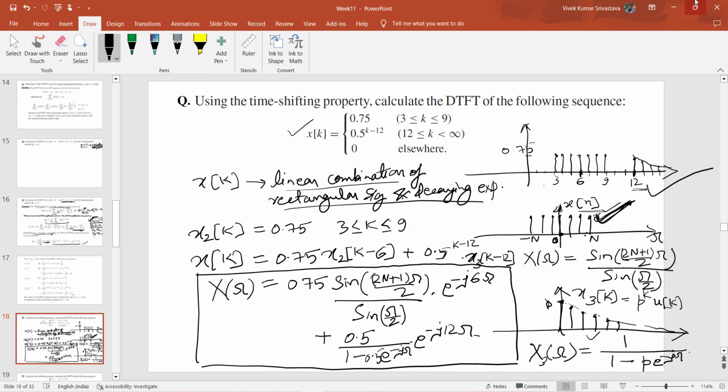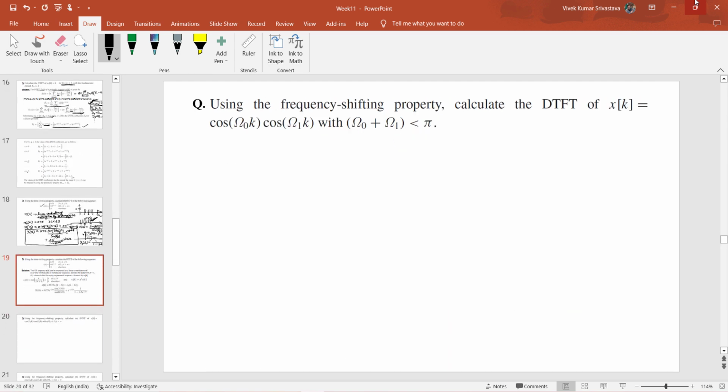So now moving ahead. Here the problem states that using the frequency shifting property, calculate the discrete time Fourier transform of x of k, which is given as cos of omega naught k into cos of omega 1 k, where omega naught plus omega 1 is less than pi.